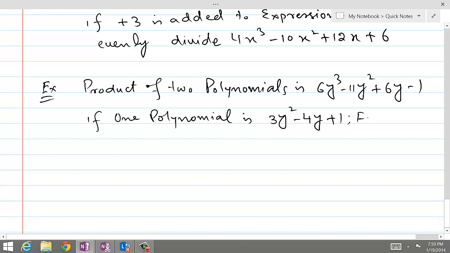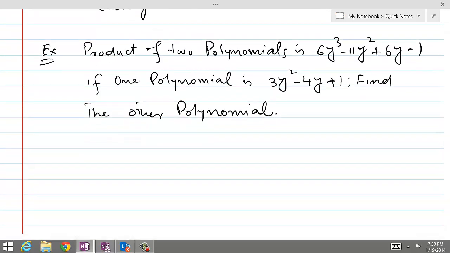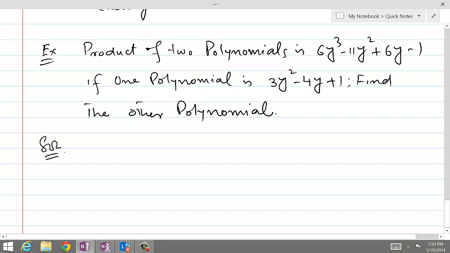Find the other polynomial. Now if one polynomial was p and the other polynomial was q and we took their product, this is equal to what we got as their product.